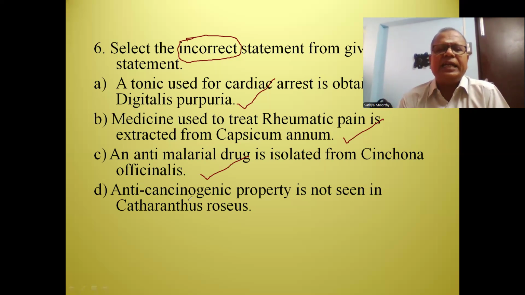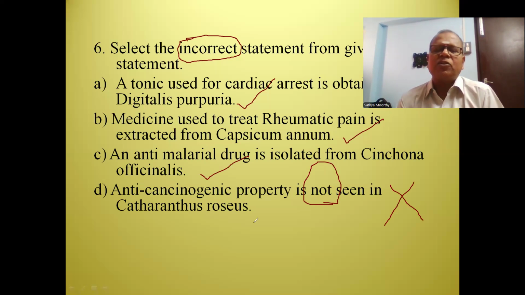Then next is: anti-carcinogenic property is not seen. Actually, it is seen in Catharanthus roseus. So this is incorrect. Catharanthus roseus, the Vinca rosea, yields vincristine and vinblastine, two alkaloids used to treat cancer. So anti-carcinogenic property is seen in Catharanthus roseus; saying it is not seen is incorrect.